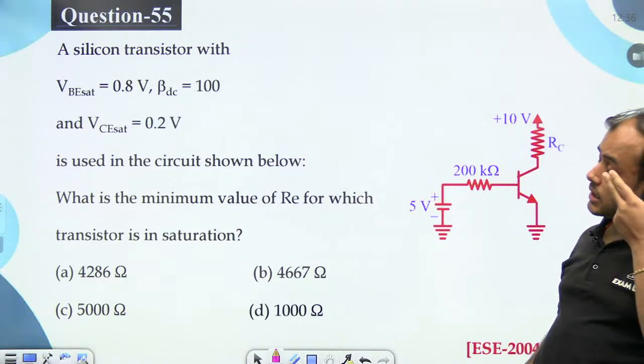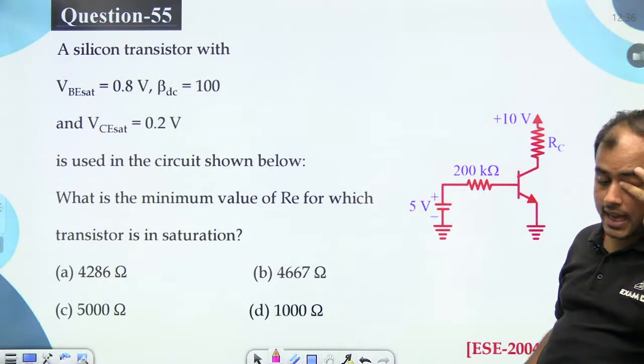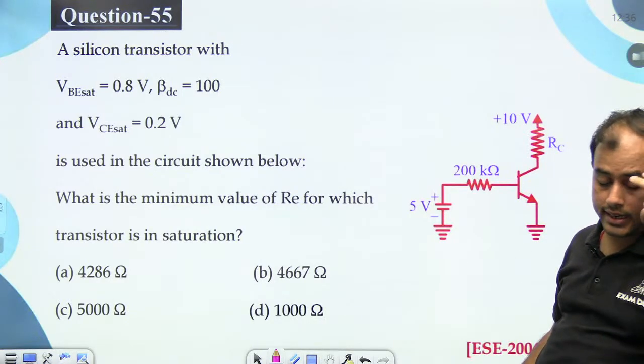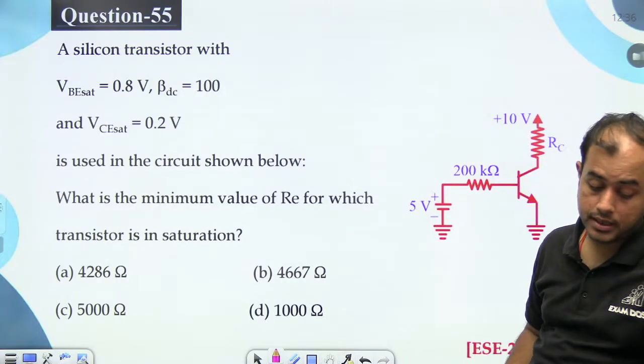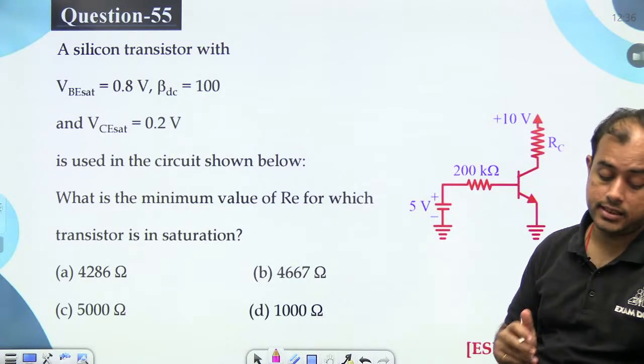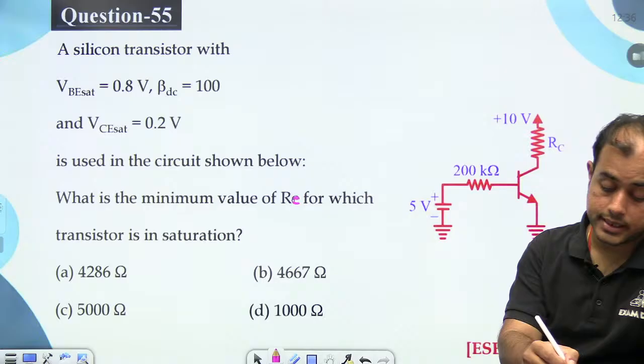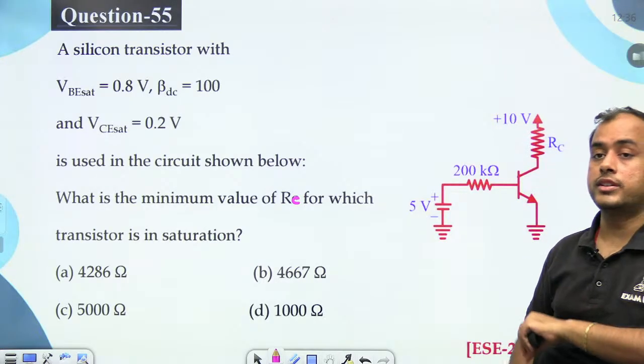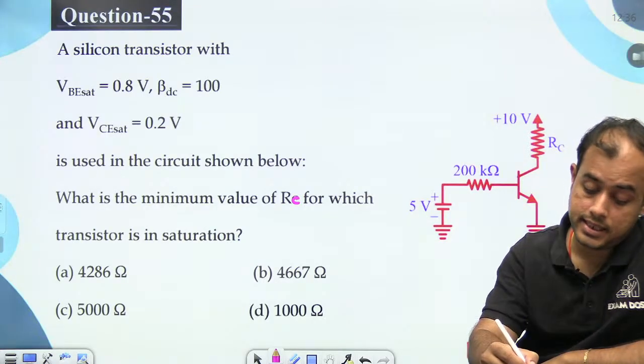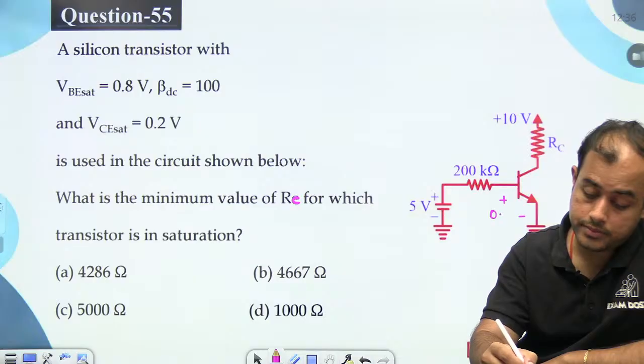A silicon transistor with VBE sat 0.8, beta 100, VCE sat 0.2. Minimum RC for which transistor is in saturation. ESE 2004. Minimum RC for saturation.